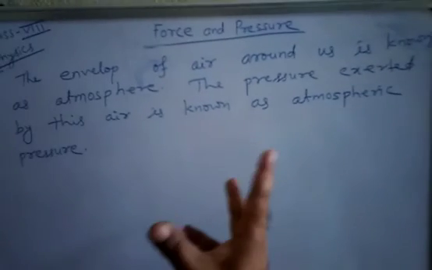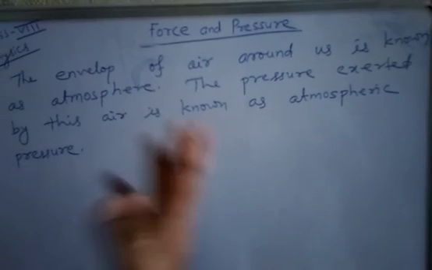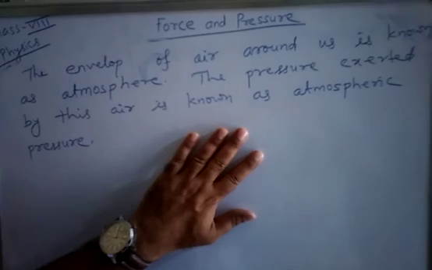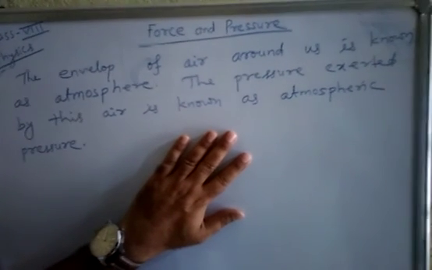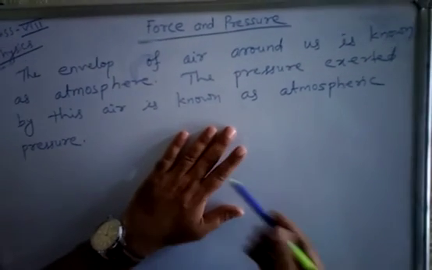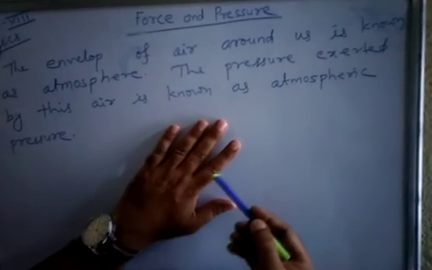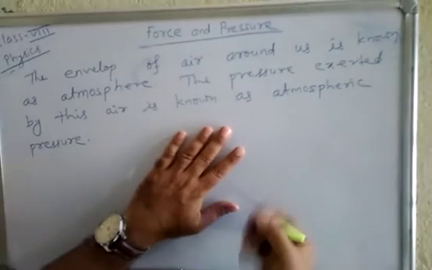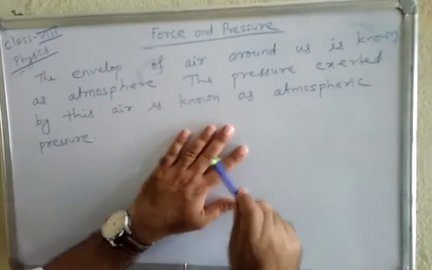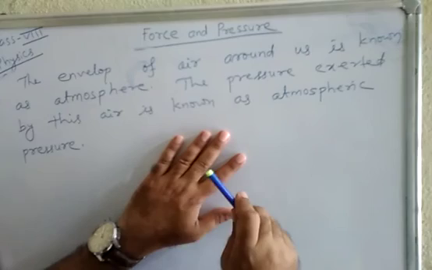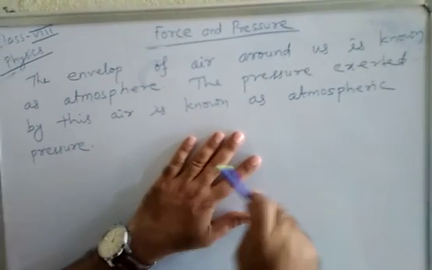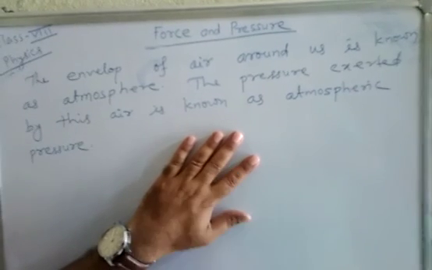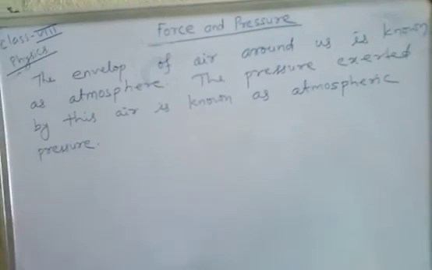Like that, the lizard holds its legs or feet in this way, the air between the leg and the wall comes out, and there is no air, so the atmospheric pressure will be more and it does not fall. So these are examples of atmospheric pressure.